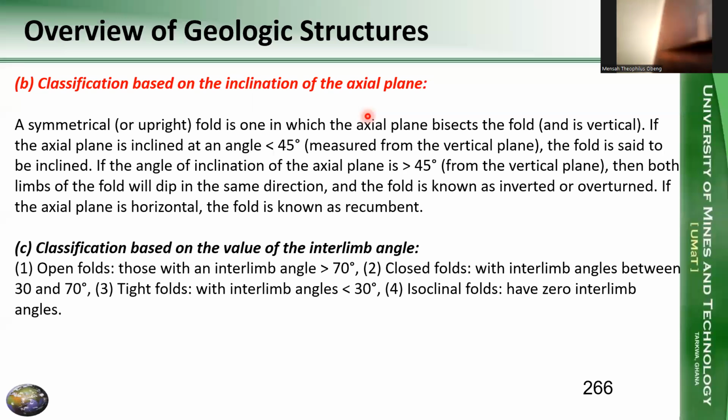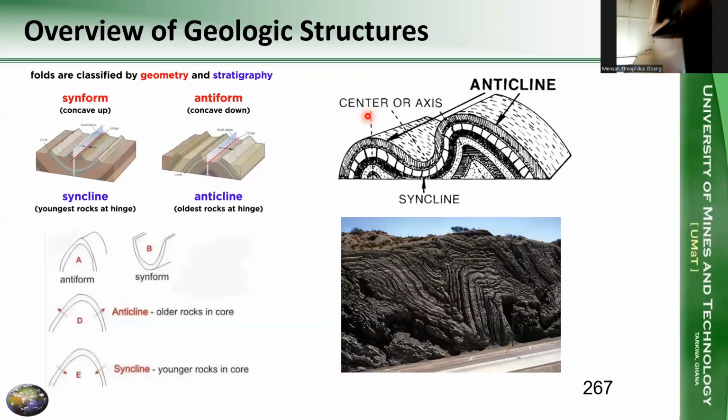So we have open folds, closed folds, and tight folds, meaning the interlimb angle is less than 30 degrees. Then we have isoclinal folds, which have a zero interlimb angle.